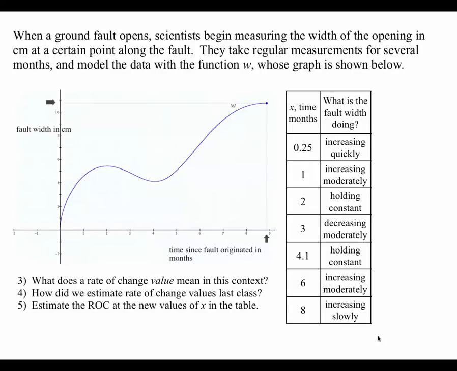So, here's some more questions. What does the rate of change value mean in this context? How do we estimate rates of change values last class? And estimate the rate of change at the new values of x in the table, what are our new values here? I think they are 2, 4.1, and 8.